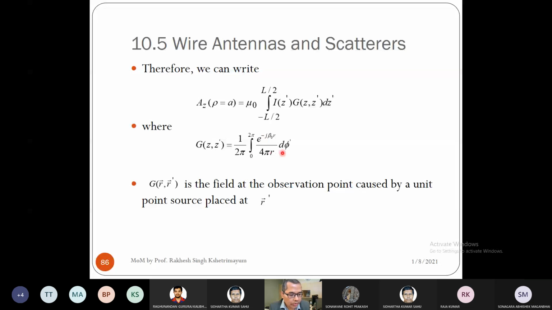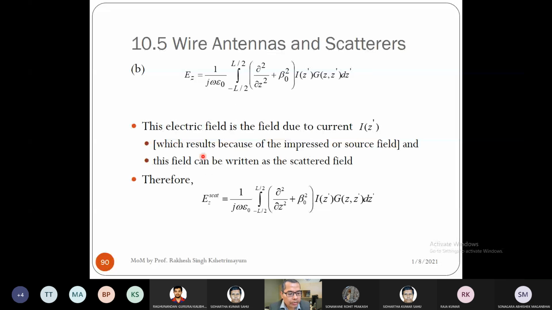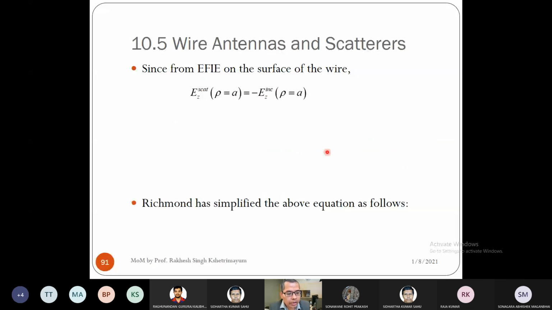But when you apply the thin wire approximation, this Green's function reduces to exponential minus j beta r by 4 pi r. That's a major simplification. It has been observed that this thin wire approximation is verified experimentally and it works well. So you don't need to worry that we are doing a lot of approximation. It has been experimentally verified in the literature a long time back, maybe 50 years back.